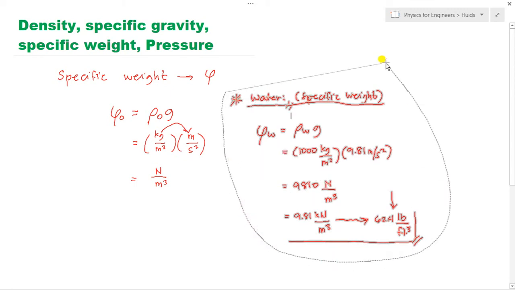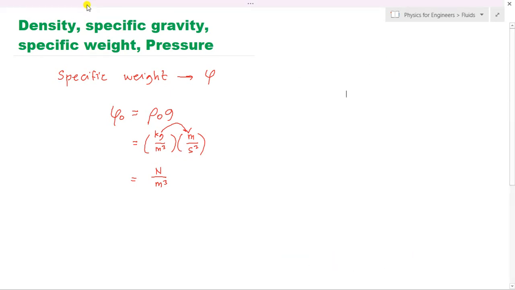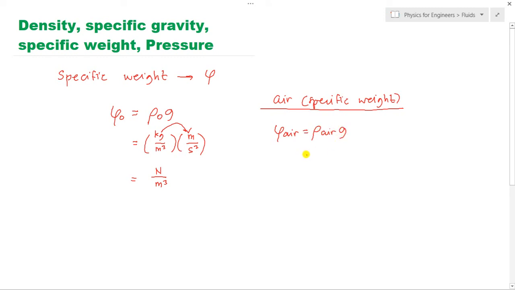So let's find the specific weight of air. For air, specific weight is the density of air multiplied by the acceleration due to gravity.